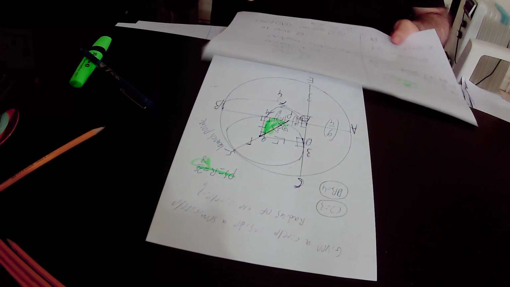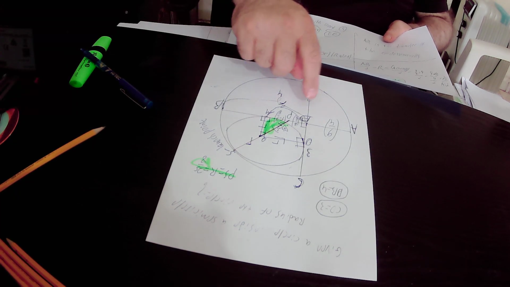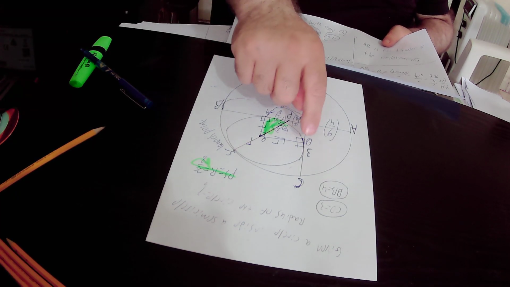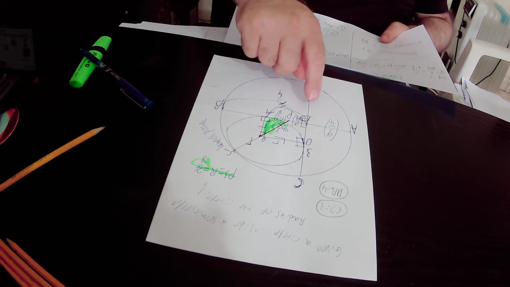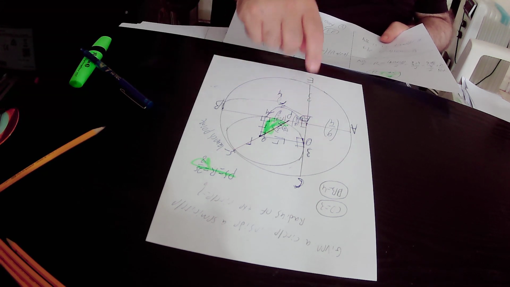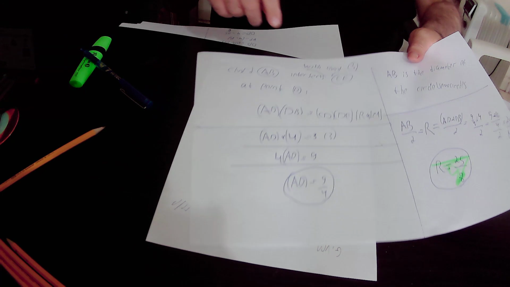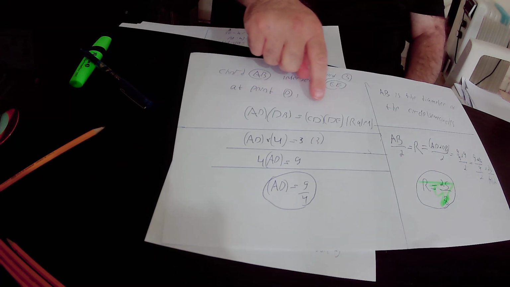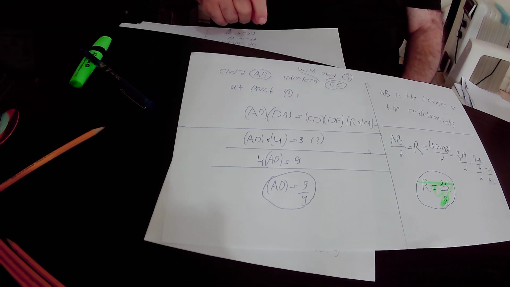Therefore, according to rule number 1, we get that AD times DB equals CD times DE.